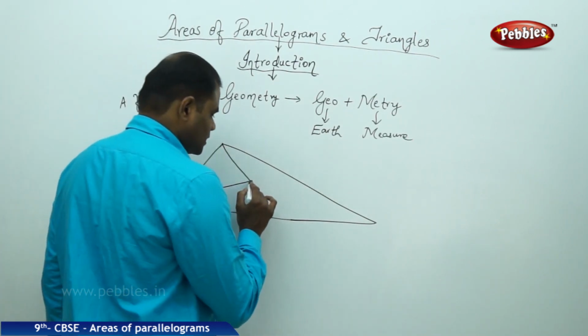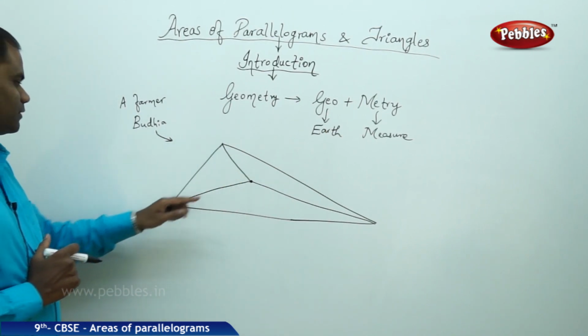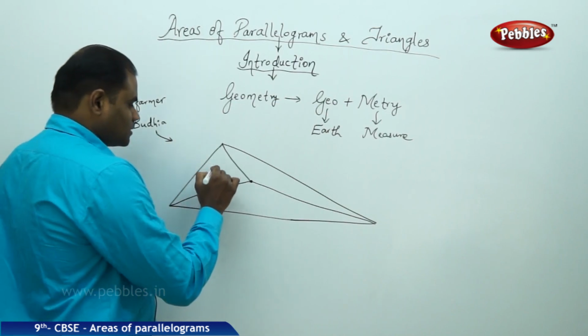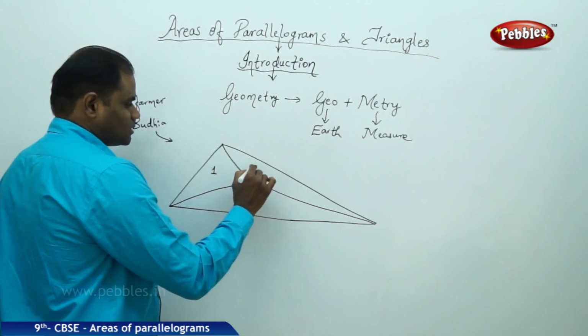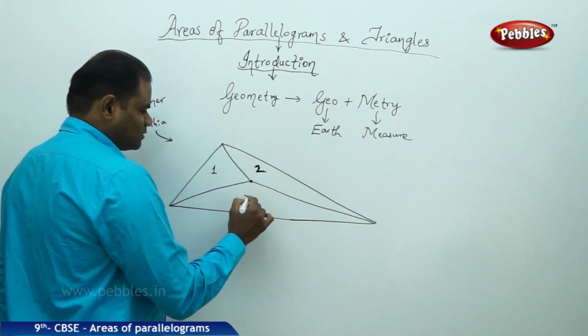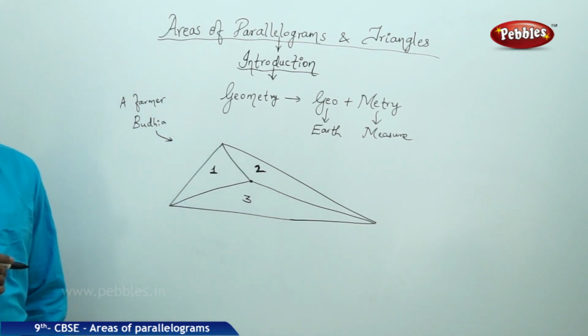He wanted to cut his land in this region. After cutting his land into three parts in this manner, he wanted to give the first piece to his first son, this piece of land to his second son, and this piece of land to his daughter, who is third in number.